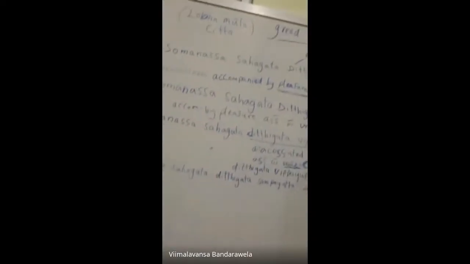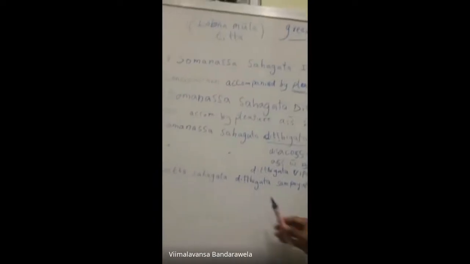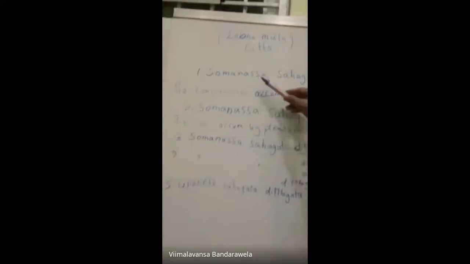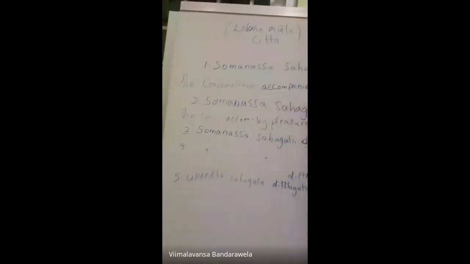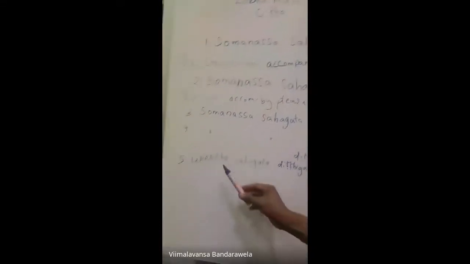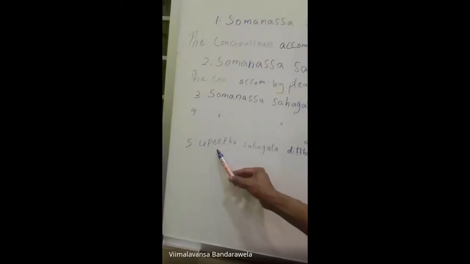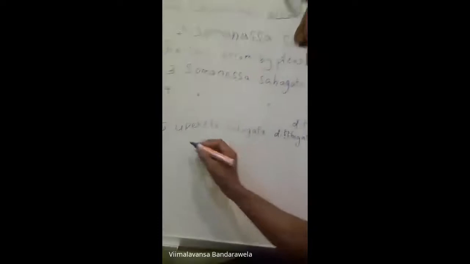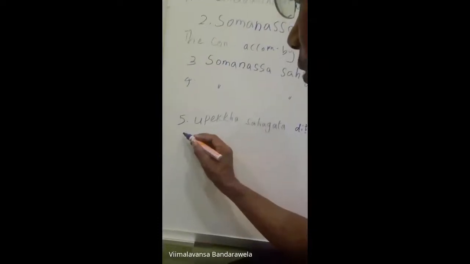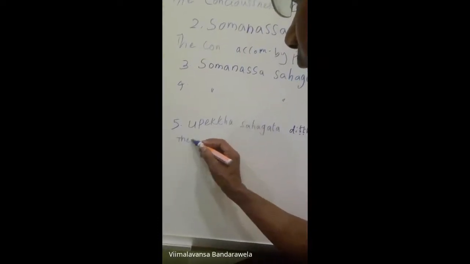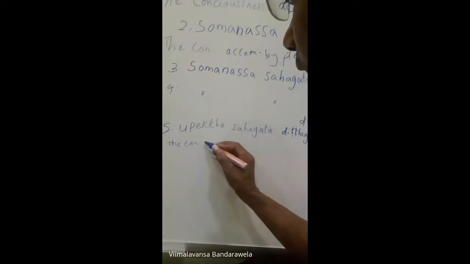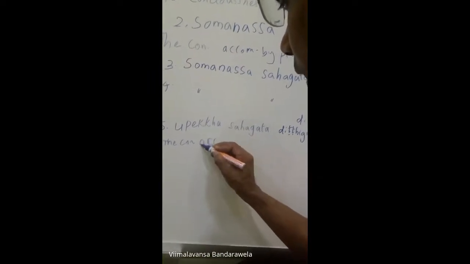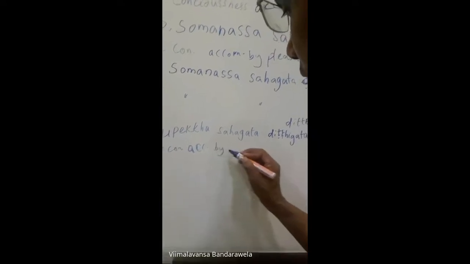Yes, asankharika chitta. That means how do we go to the meaning? Somanasa sahagata means accompanied by pleasure, right? Upekkha sahagata means accompanied by equanimity, the consciousness accompanied by equanimity.